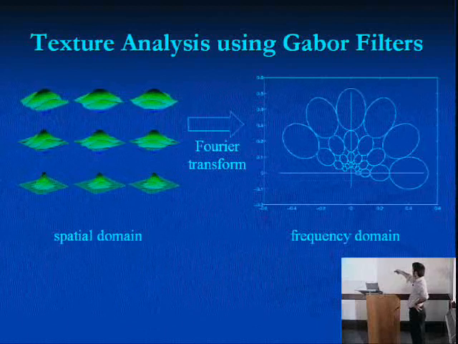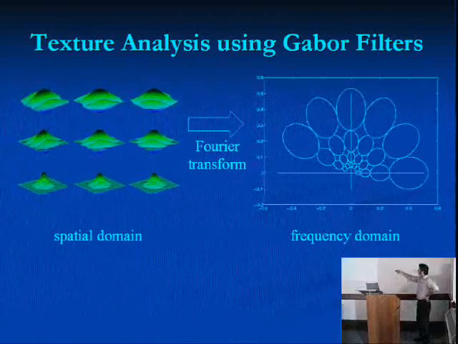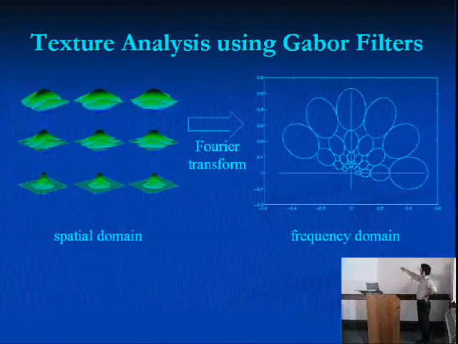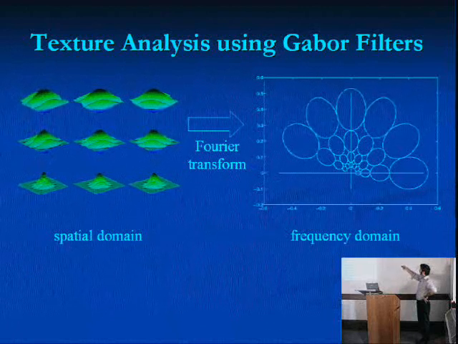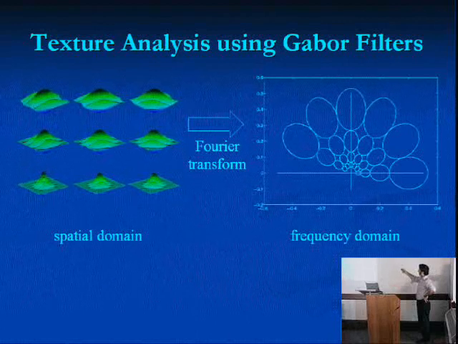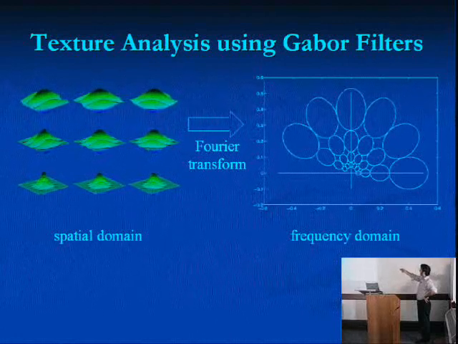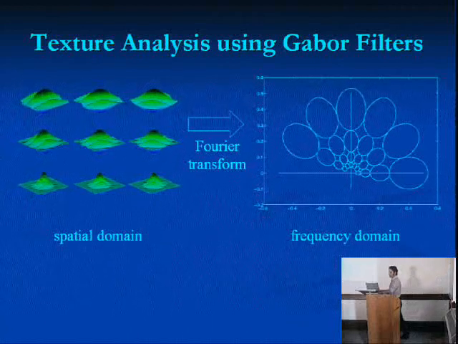The footprints, the areas of support of these filters, form these regions where, going outward from DC, they capture different granularity or different frequency, and then the rotation, depending on where it is around the radius here, dictates its orientation. So it's just another way of viewing it, either convolving here in the spatial domain or multiplying here in the frequency domain.